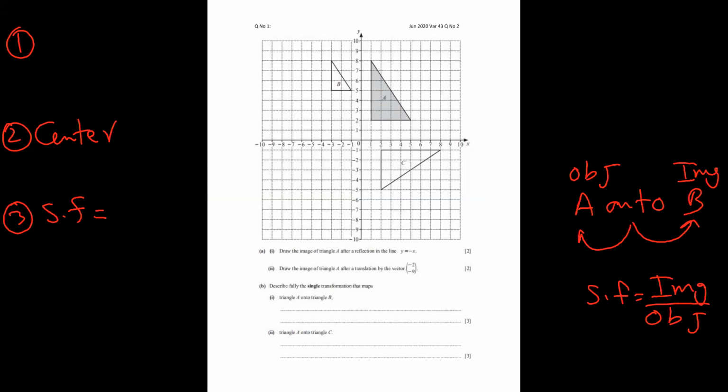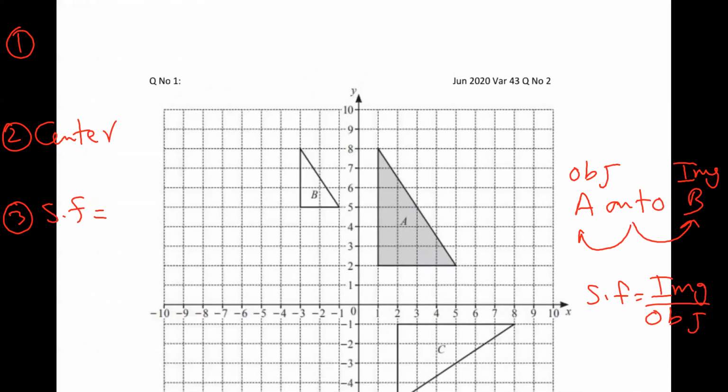It has 3 marks. Let me focus now on our main target.